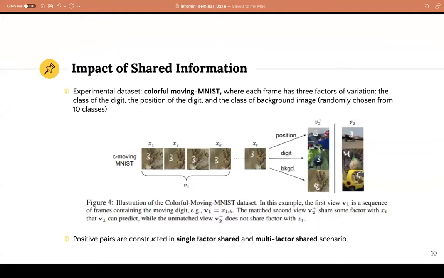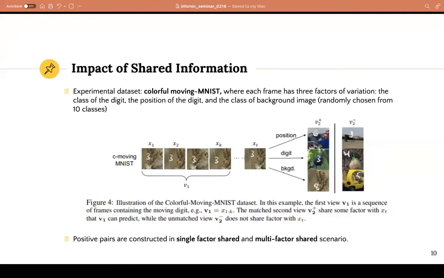Here, there is one more experiment to show you the impact of the shared information. Before, we often talked about mutual information, the shared information, but what exactly is the shared information and what's its impact on the downstream task? What's the relationship? Here they gave, I think, a smart experiment to show that.